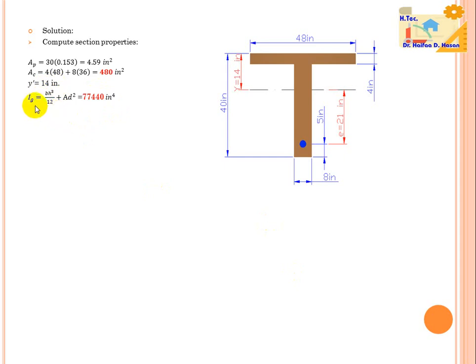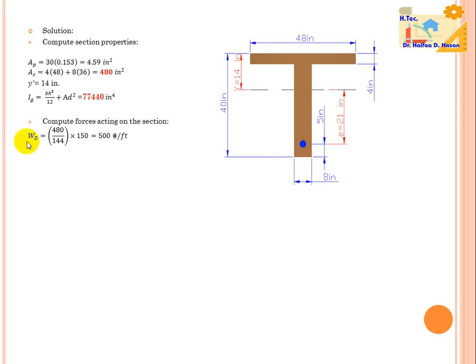And here we calculate I gross, the moment of inertia of the member, equal to b h cubed divided by 12 plus A d squared, equal to this number. Compute force acting on the section.